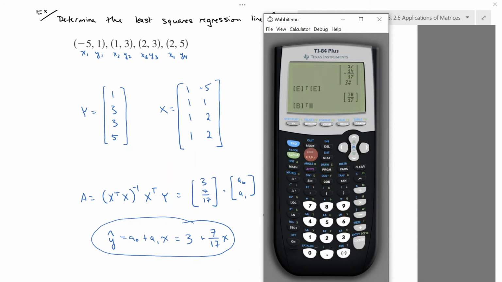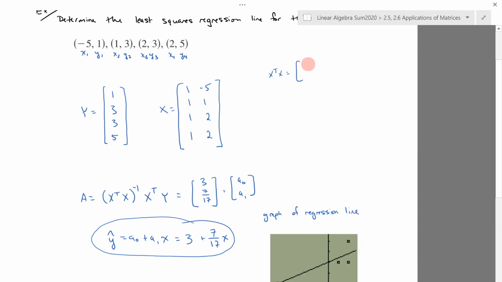So X transpose X is 4, 0, 0, 34. And so you can see that this 34 is the sum of all the X values squared, the sum of the squares of the X values. You can check that.